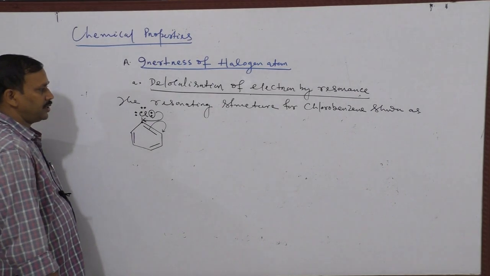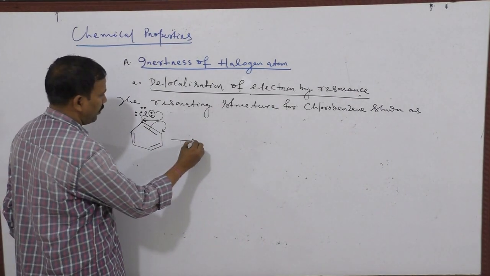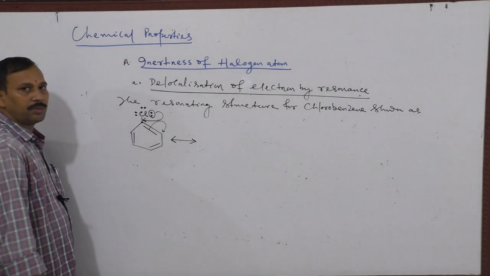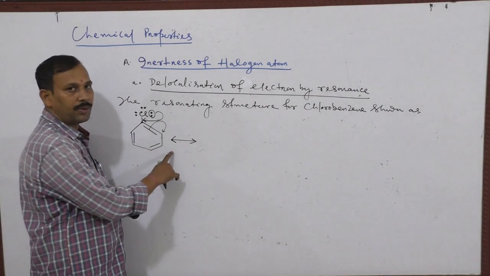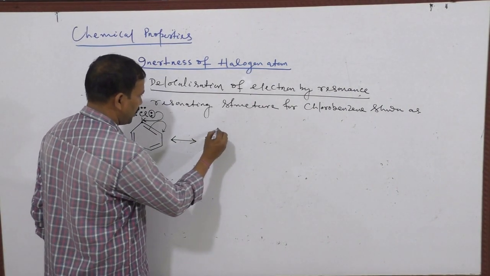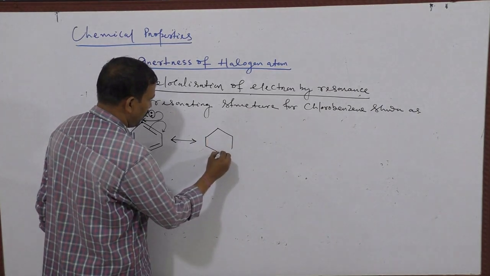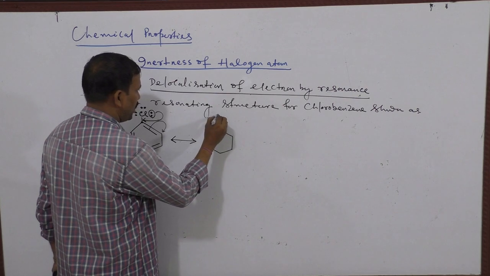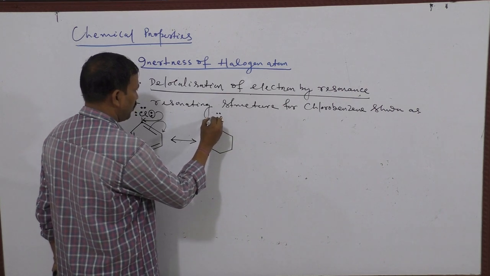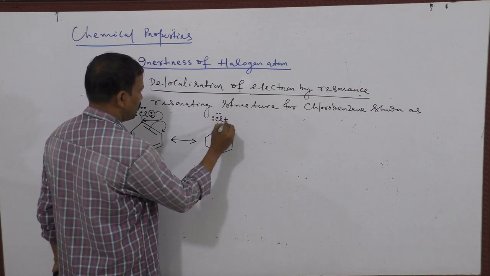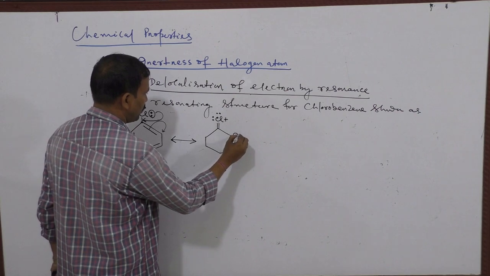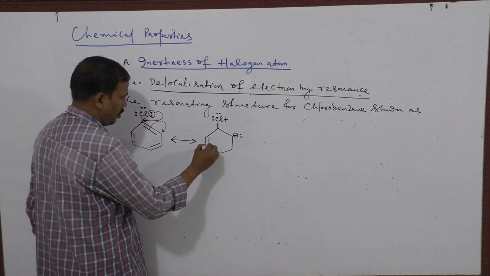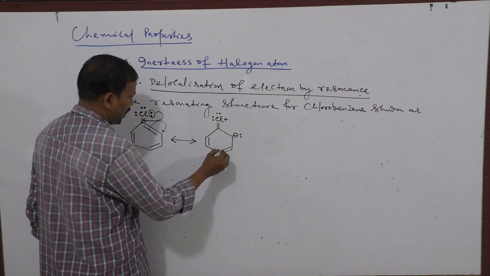When that pi bond is removed, we get the resonating structure. We show the resonating structure by the help of a double head arrow sign. So we write a double bond to Cl, the chlorine pair of electrons, this becomes plus and this carbon becomes minus with a pair of electrons. Now the old double bond remains as such.